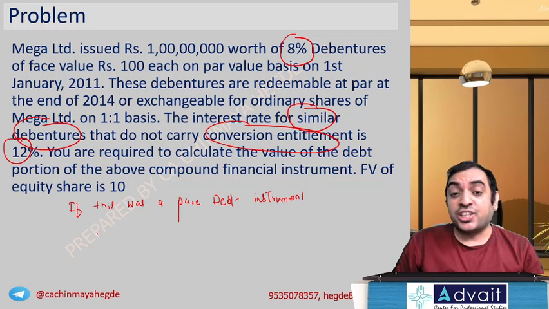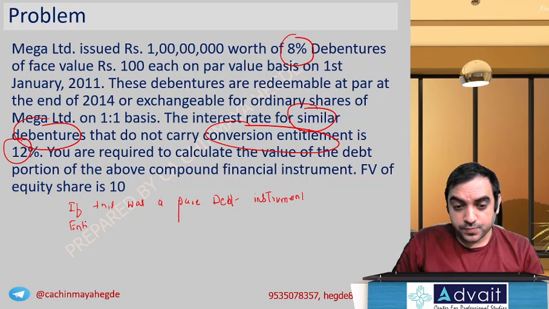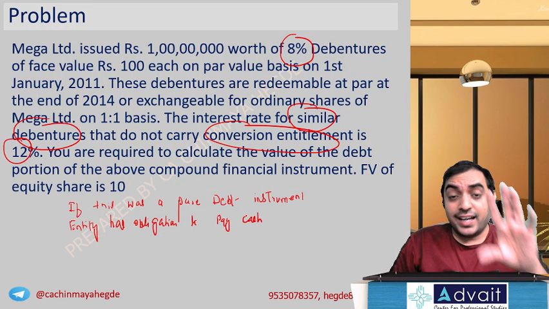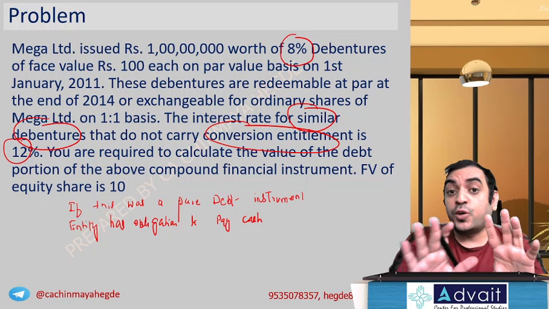The entity has an obligation to pay cash. I'm only discussing the debt instrument portion. I'm not discussing the conversion option here.